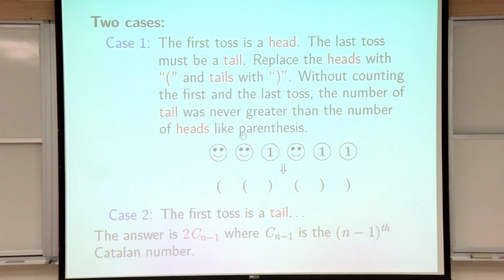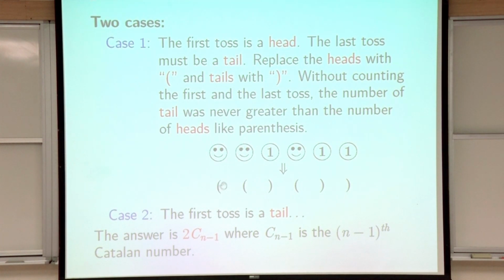So for this case, if the first toss is a head, the possible number of sequences is Cn minus 1, where Cn minus 1 is the n minus 1st Catalan number. And the case where the first toss is a tail is very similar.